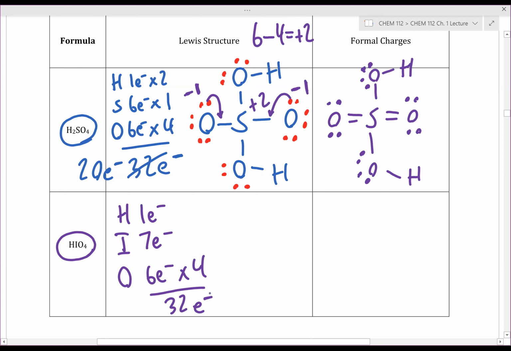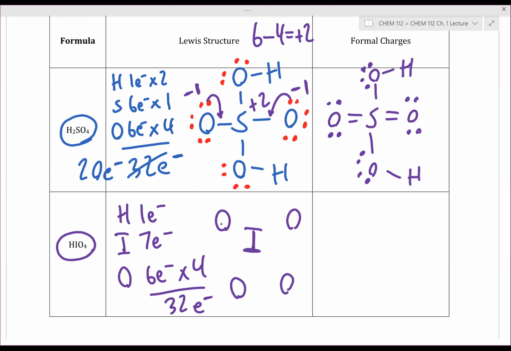Now, following this, what are we going to place as our central atom? What's the least electronegative atom? Iodine, yep. So we're going to place iodine as our central atom, and we're going to surround it with our oxygen atoms. In general, for most structures, you're going to attempt to bond hydrogen to the most electronegative atom whenever possible.